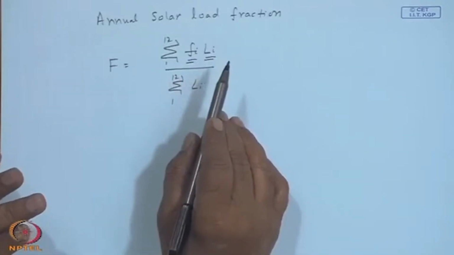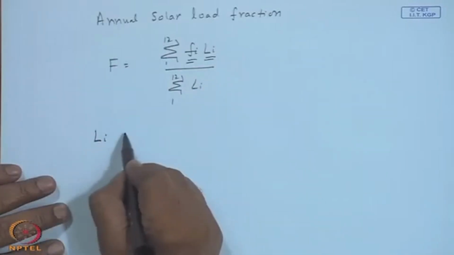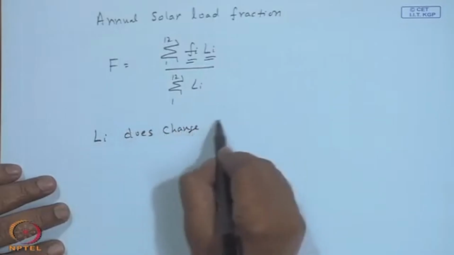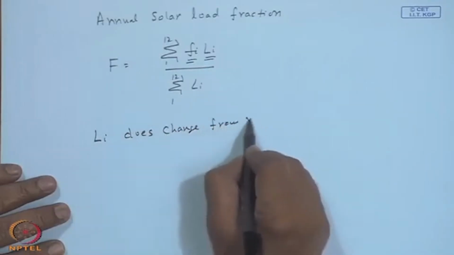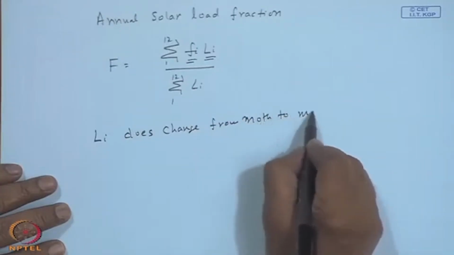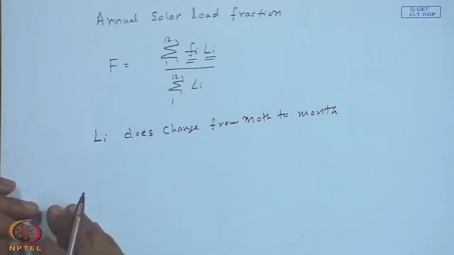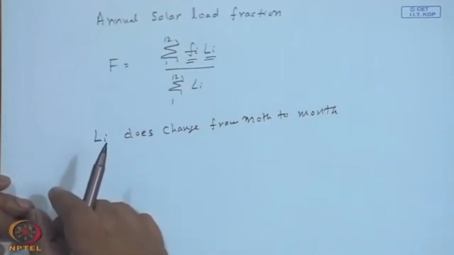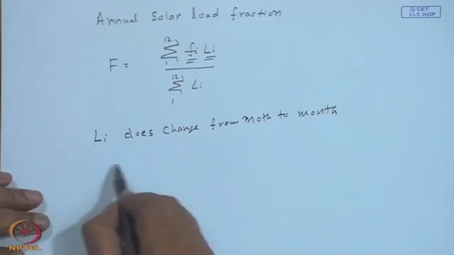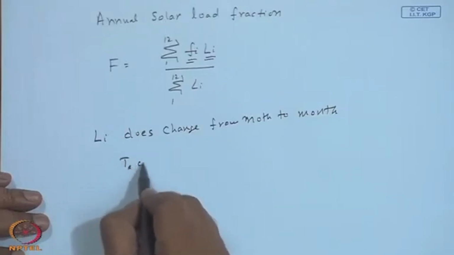Please remember that L i does change from month to month, at least. If it is day to day, it will be even more difficult. I have to define for each day, but what we can say is month to month. For example, if it is a simple water heating system, T i changes.